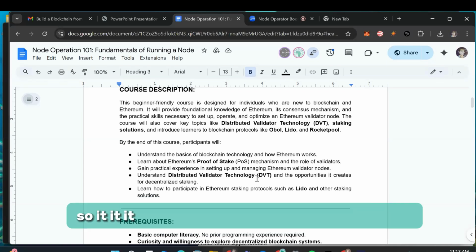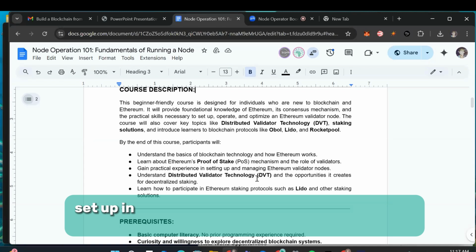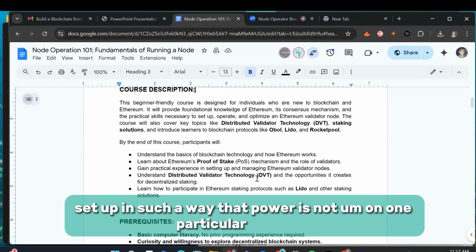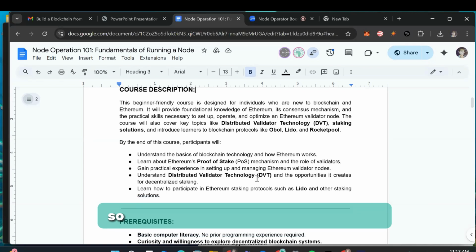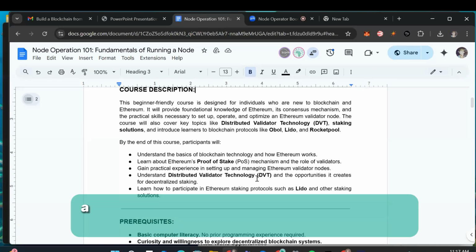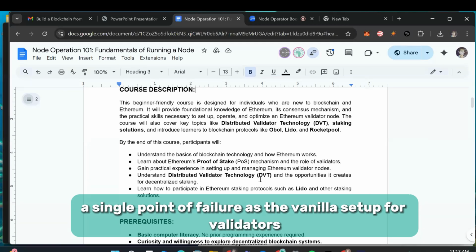So it kind of distributes the validator setup in such a way that power is not on one particular validator. So it's more like you're splitting the power amongst a set of validators. So you're no longer having a single point of failure as in the vanilla setup for validators.